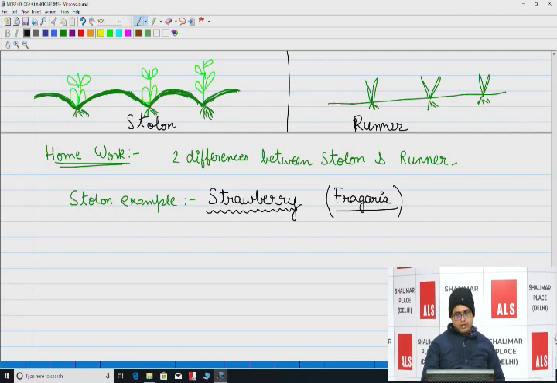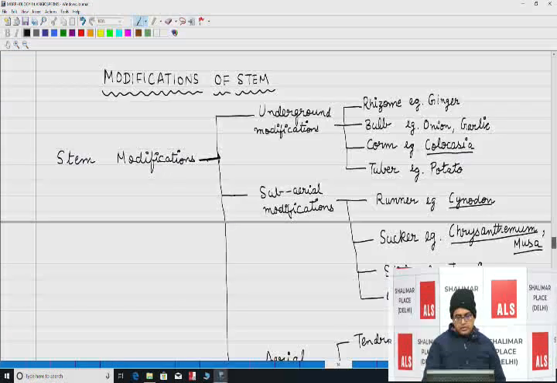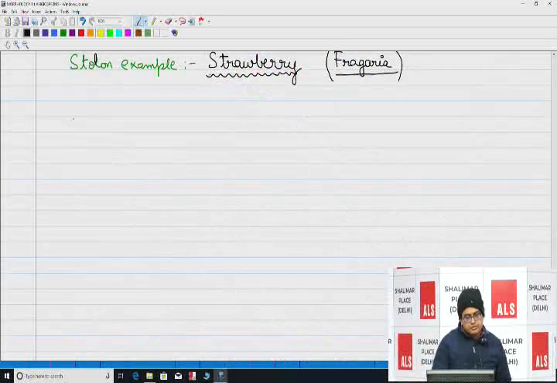Now let us continue with what we have to do afterwards. Stolon is done. So now let us take a look at the list that we have here. Now the example is offset, the fourth example.